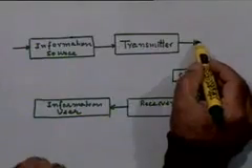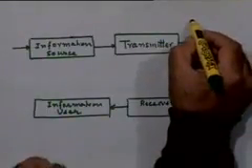Let's say you want to use free space as a medium through which the signal is to be transmitted. If that is the case, the transmitter will have to radiate information into free space, right? Which essentially means it will have to have as a built-in mechanism an antenna here, right?